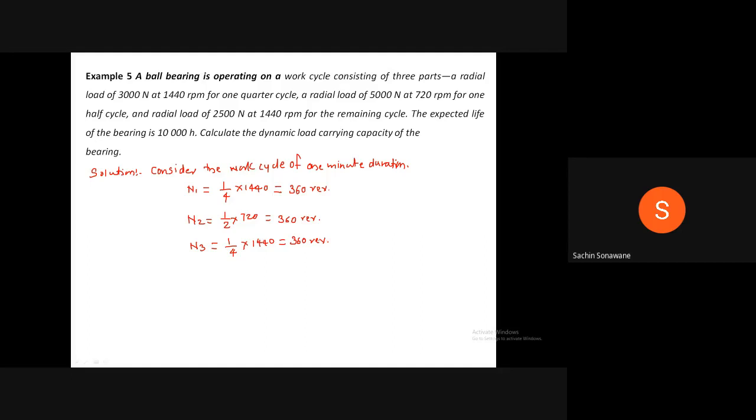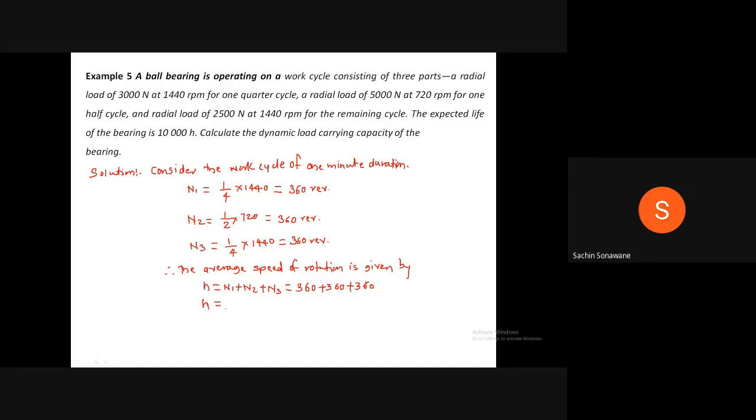Therefore the average speed of rotation is given by small n is equal to n1 plus n2 plus n3 is equal to 360 plus 360 plus 360. Therefore n is equal to 1080 rpm.